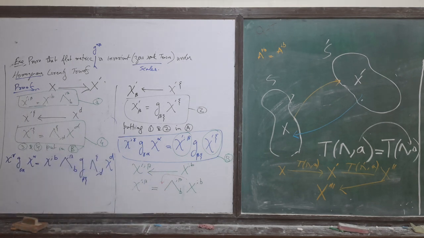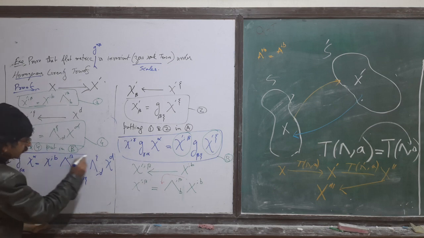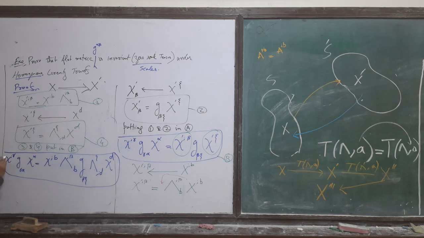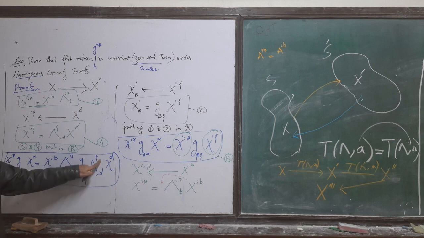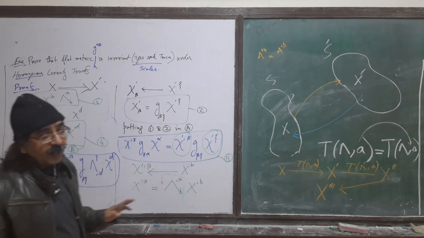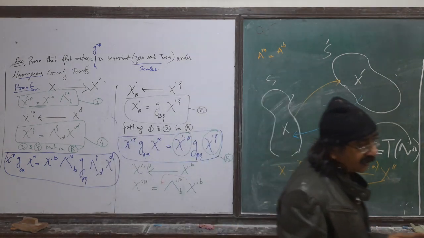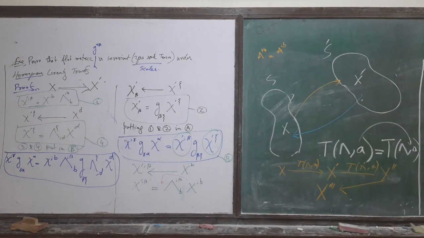So this is the result. Beta is contracting with beta. B is contracting with D. Xi is xi. So all the indices on the right side are dummy indices, and the same is true for the left.